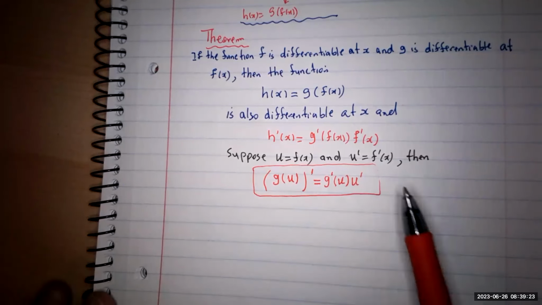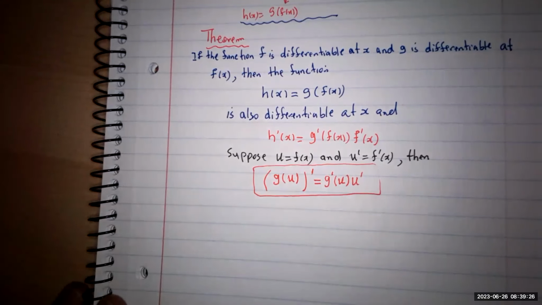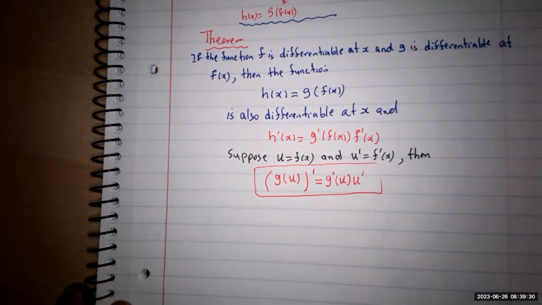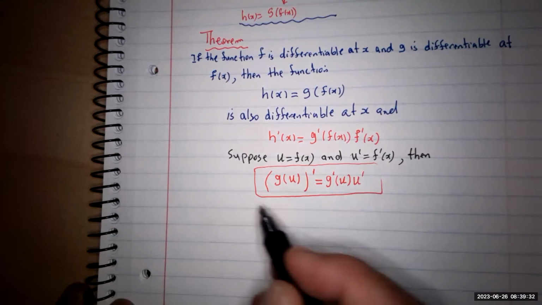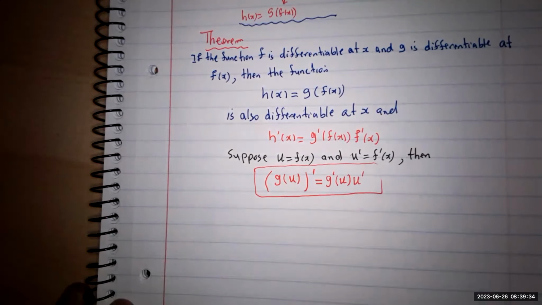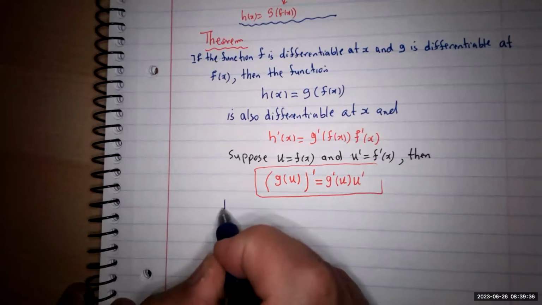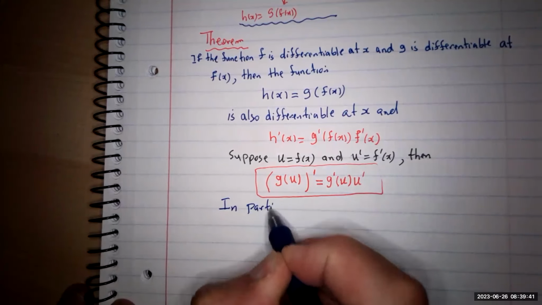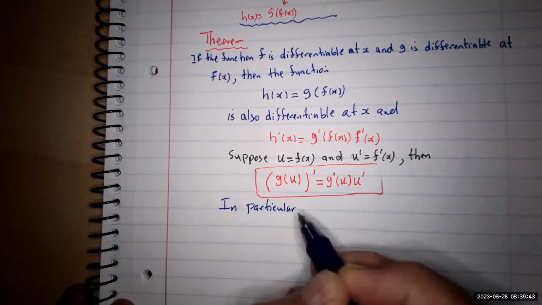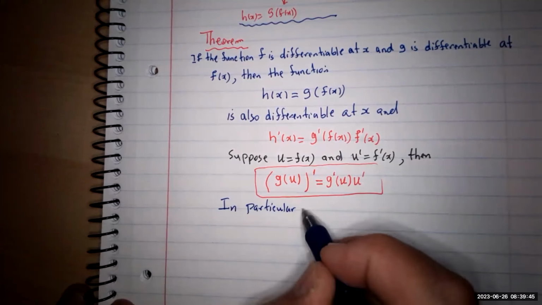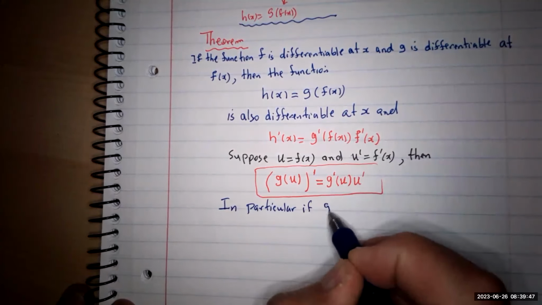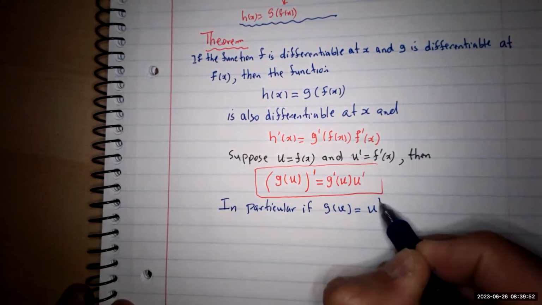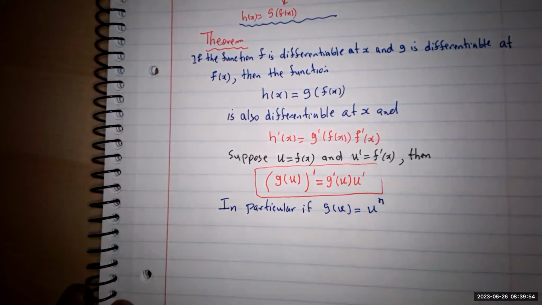So this is one format that we're going to use. Another format is if the outside function is going to be a power function all the time. A special case in particular, if the outside function is always the power function, it's going to be u to the n.